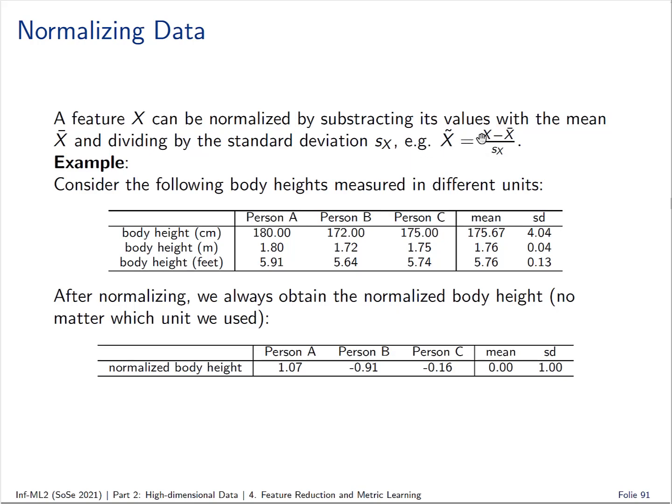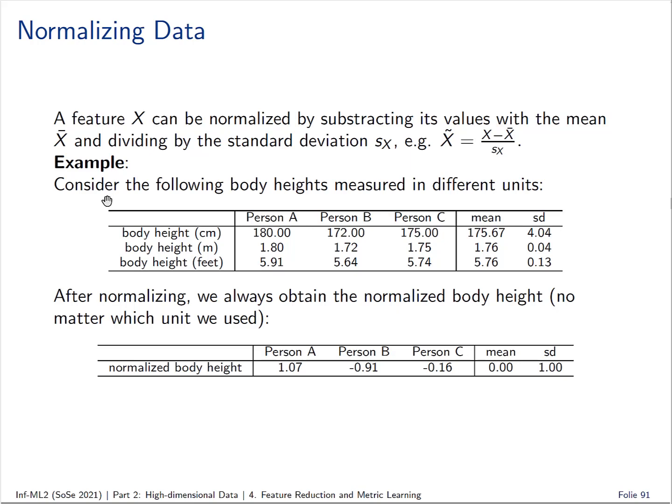So that is original X minus mean, divided by standard deviation. All features then have the same mean, because the mean is 0, obviously, and the standard deviation is normalized to 1 for all features if we do that with all features correspondingly.